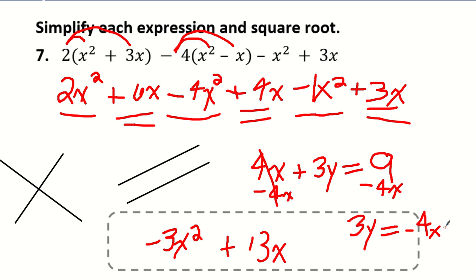The mx comes before the b. So what do we have? Negative 4x plus 9. And then you would divide both sides by 3 to finish getting this in slope-intercept form, y by itself. And so you're going to be dividing both of these terms by 3.